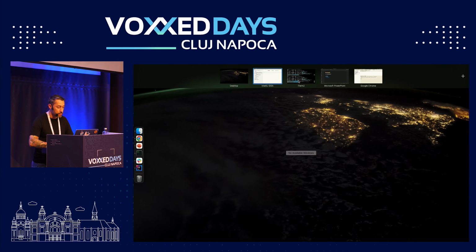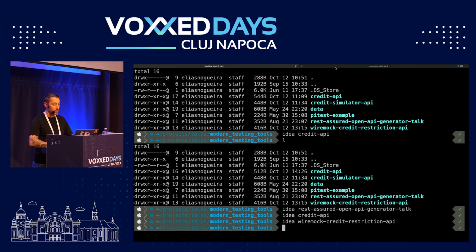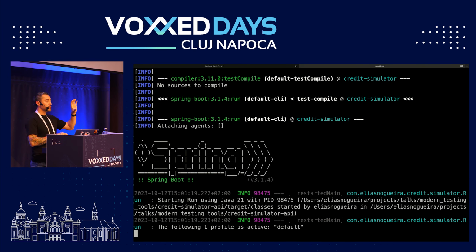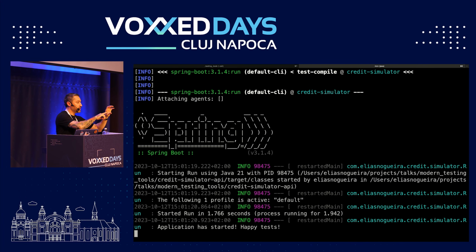Now I have an application, and I will run it here in my terminal. It's another application, a Spring Boot one. mvn spring-boot:run. This application is one microservice that depends on another microservice that I don't have access to. So if I make the requests that I need, it will fail because I'm not connected to that.